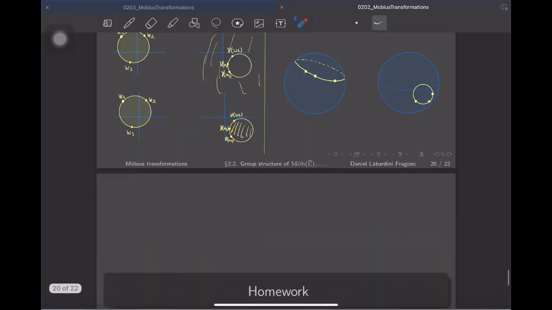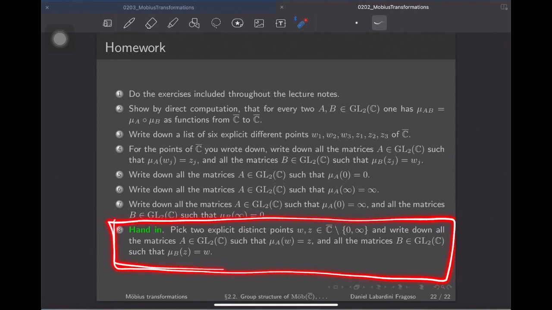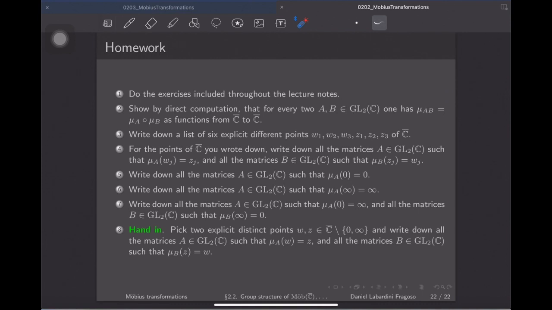Now let me go to the homework, just to tell you that this exercise from last class has to be submitted next week. It says: pick two explicit distinct points.